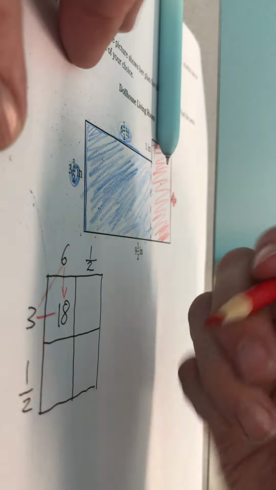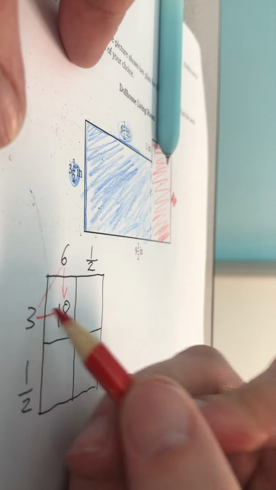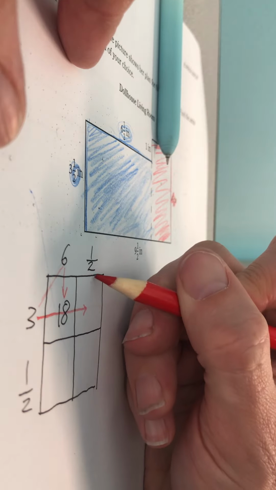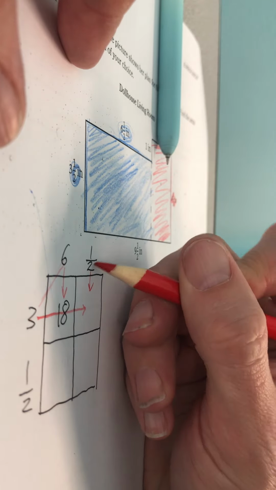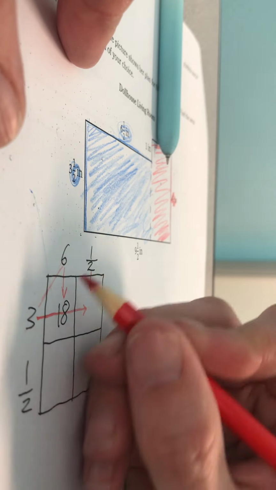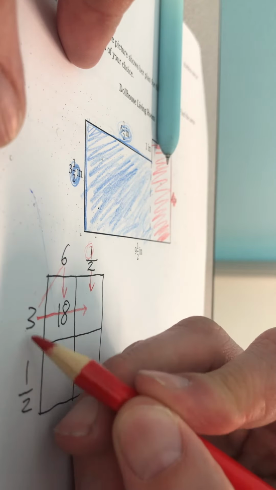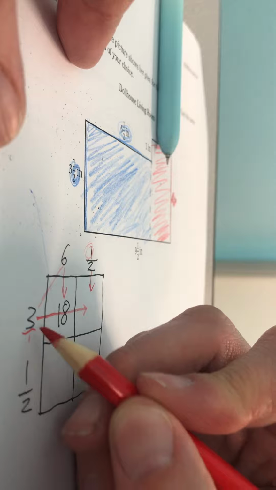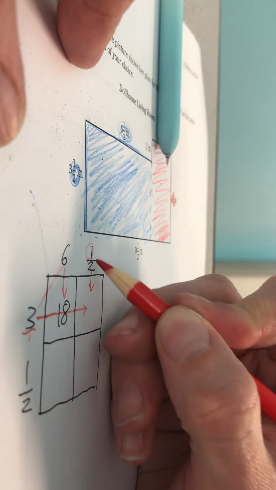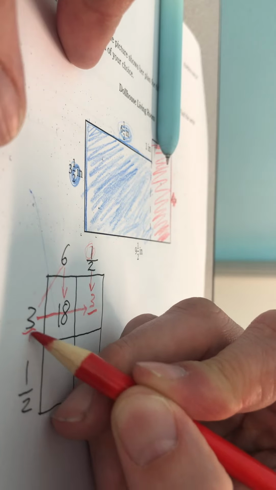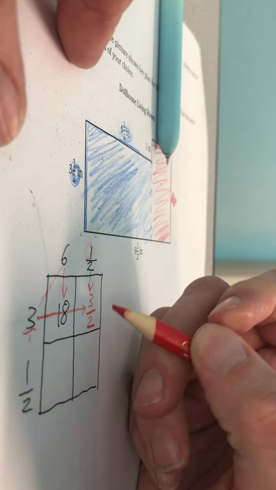In the next box over, I'm still with the 3 going across, and then I also multiply times the number right above it, 1/2. So 3, and that's a whole number, so we only look at the top part of the fraction here. We can imagine it's 3 over 1. So 3 times 1 on the top, we get 3 over, and then the 2 is unaffected, so 3/2.